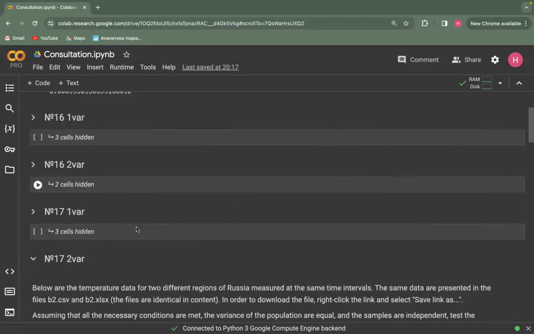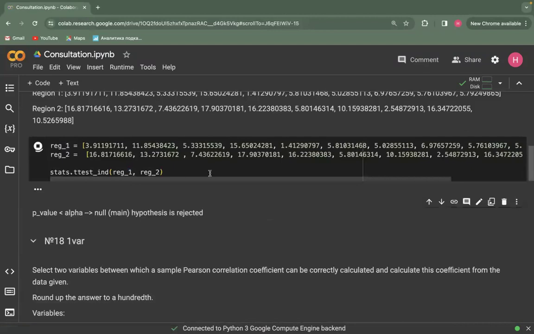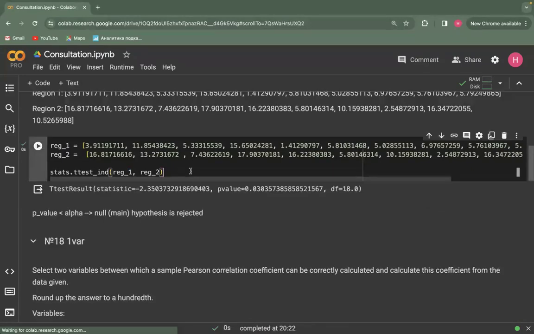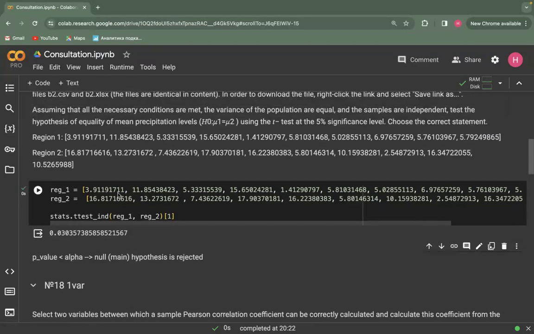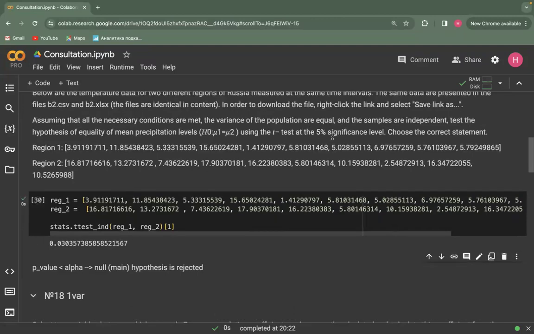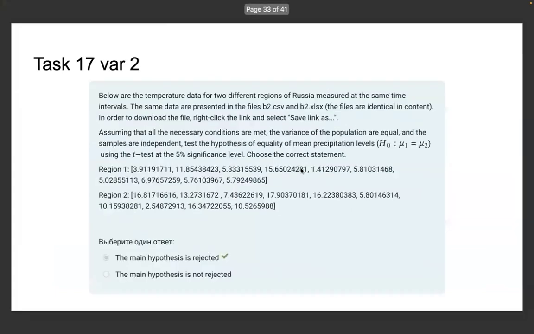It's again from the SciPy library. It is much easier to write it like here, because we get the test value immediately, and here it is 0.03. It is smaller than 5%. So the hypothesis is rejected. Any questions?